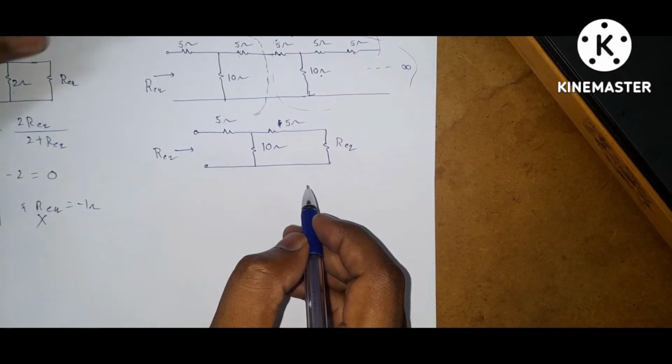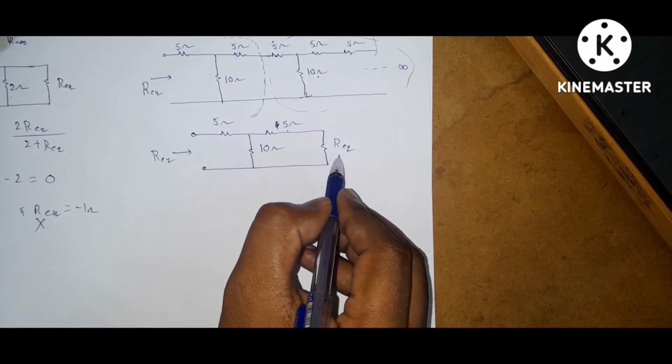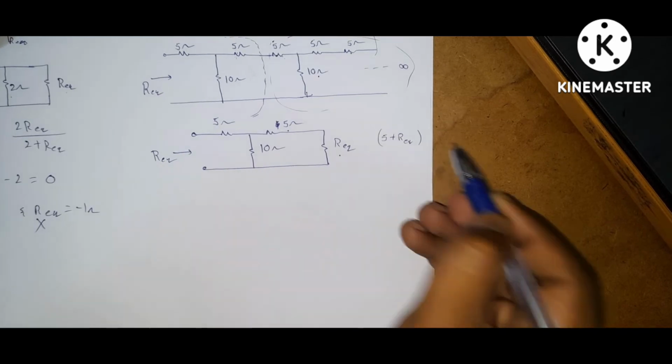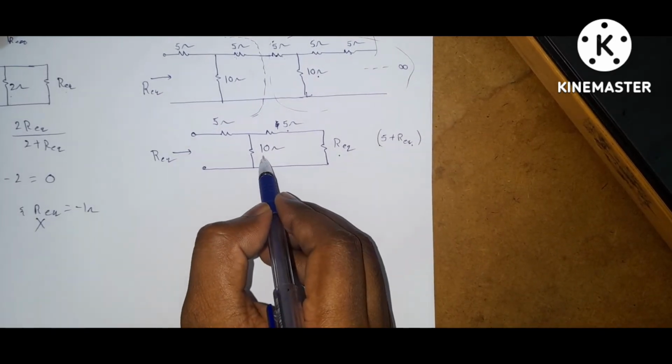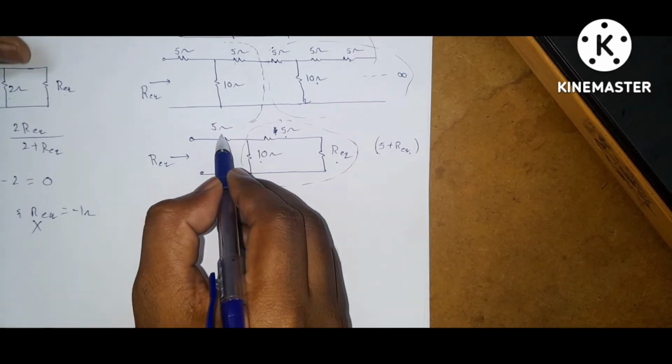If you observe here, this 5 ohms and R equivalent are in series. So the equivalent is 5 plus R equivalent. Again, this 5 plus R equivalent is in parallel with 10 ohms, and this total resultant is in series with 5 ohms.